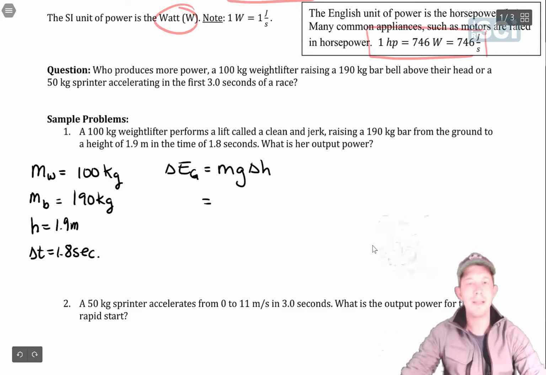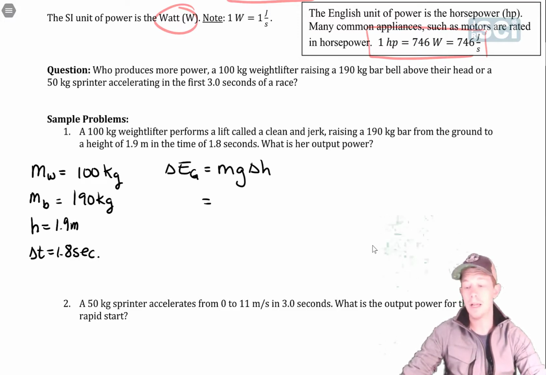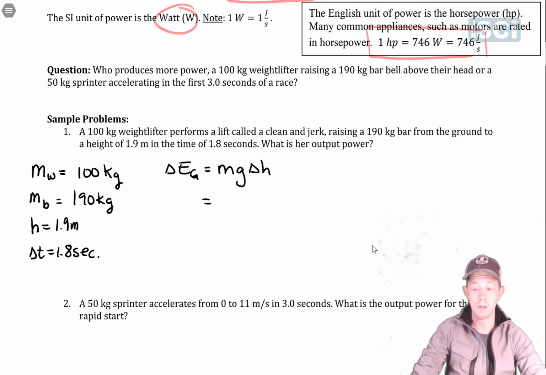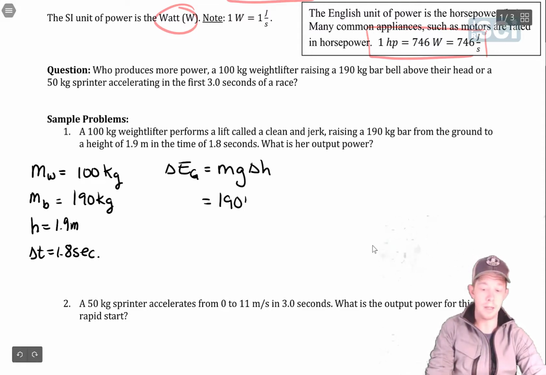What is the m in this case? What's actually changing height is not the weightlifter, it's the barbell. So I'm going to use the 190 kilograms, since that's the mass that is changing. It's multiplied by 9.8 meters per second squared, and by the change in height.